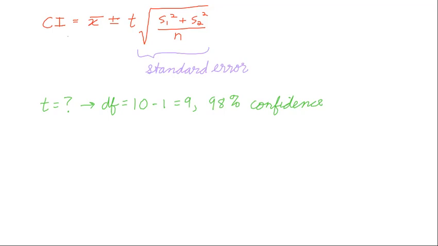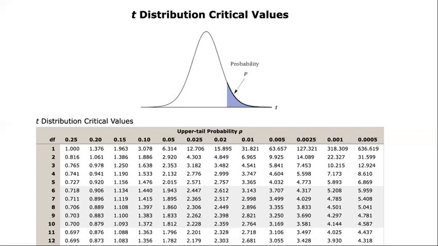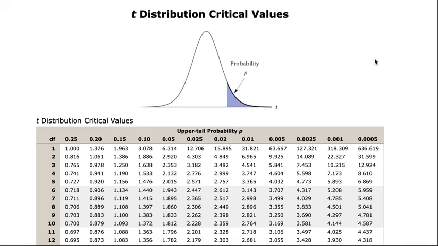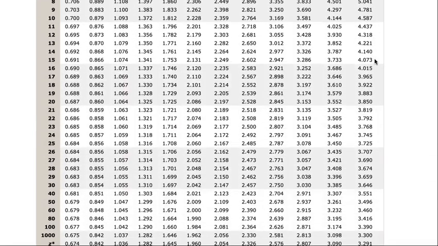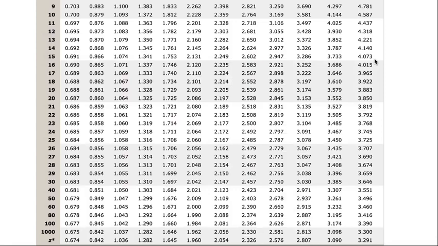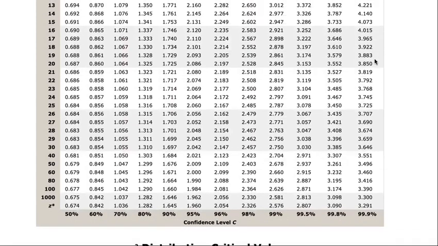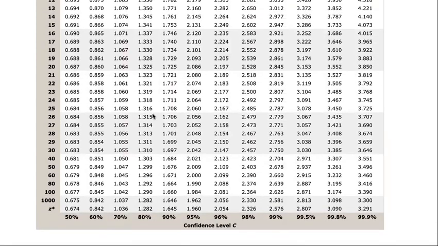So the t-value, how do we find that? Well, we know that the degrees of freedom is equal to 9, and we also know that it is at 98% confidence. So we can go to our t-table right now. Let's look at our t-table right here. We want to find 9 degrees of freedom, and afterwards we want to see where the 98% confidence level is. Well, the 98% confidence level is right over here.